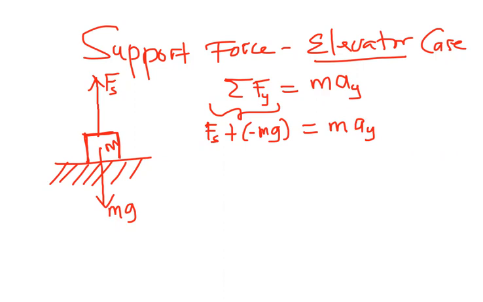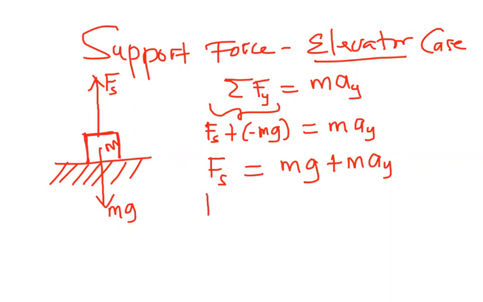Now here we see that we can find Fs in terms of Mg and Ay. So I'm going to put Fs on one side of the equation, and transfer minus Mg to the right-hand side. It will be plus Mg. Then there is also plus May.